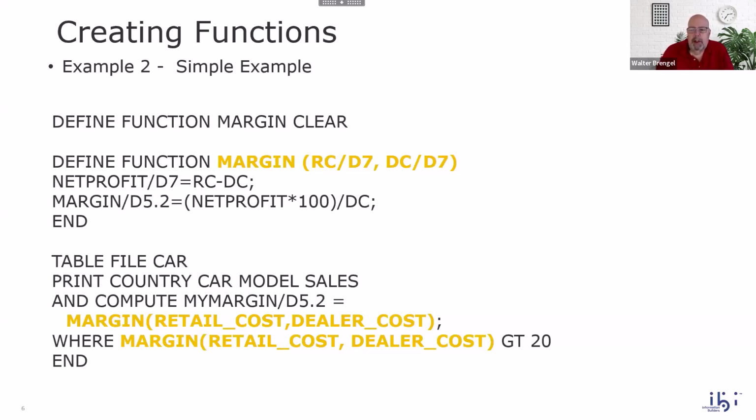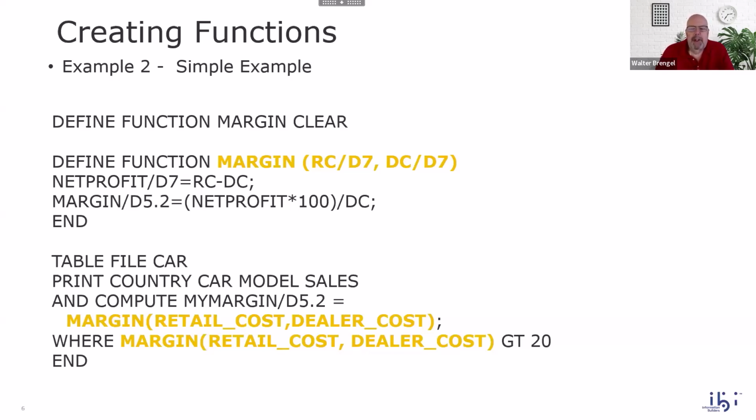So for margin, we're going to do the difference between retail cost, or RC, and dealer cost, DC, and then we're going to take that value times 100 divided by the dealer cost. So we're using two expressions now, get the net profit, and then we're going to do the margin.